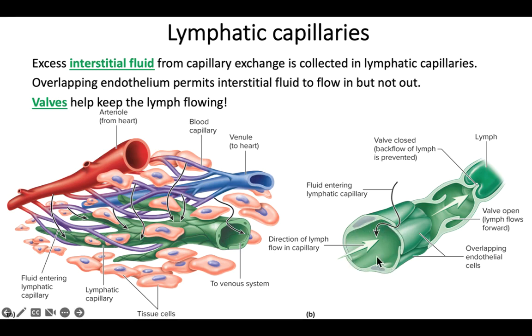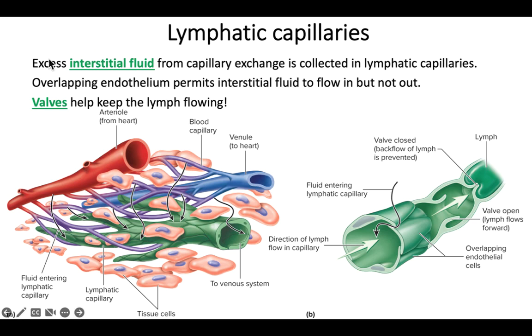They have these little overlapping endothelial cells, which allows the fluid to enter, but it can't really exit the capillary. As these lymphatic capillaries collect this fluid, a little bit of pressure builds up in these capillaries. And that small amount of pressure is just enough to help that fluid drain through those lymphatic capillaries.